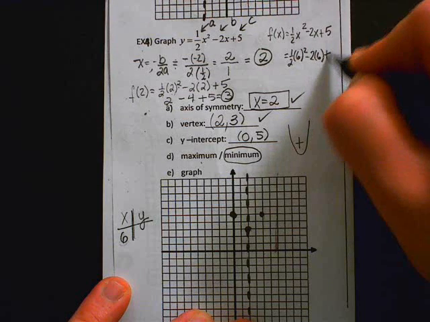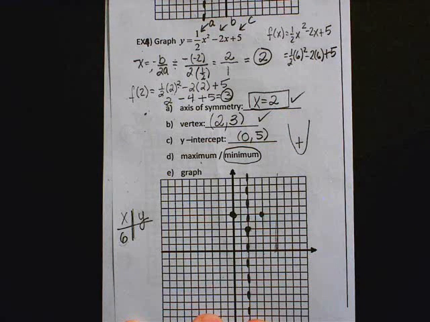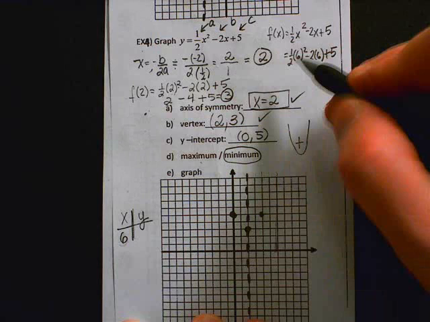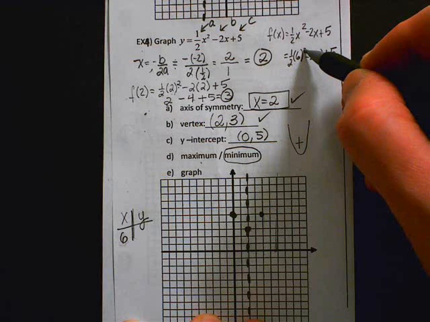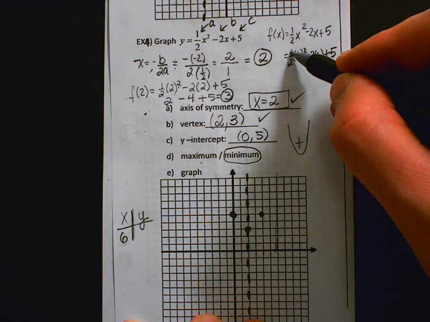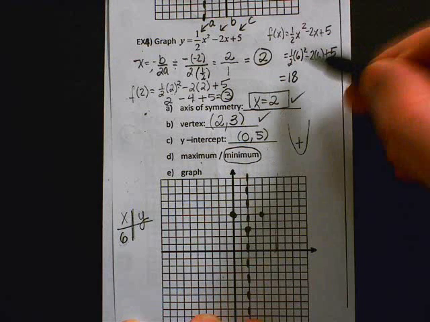Now we have them. 6 to the second power is 36. 36 times 1 is 36.